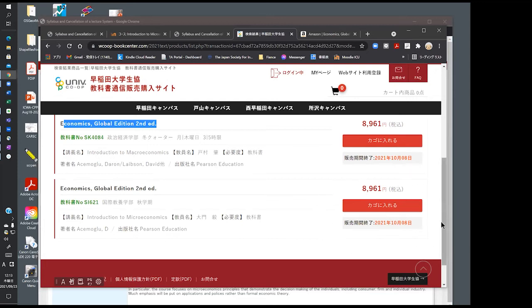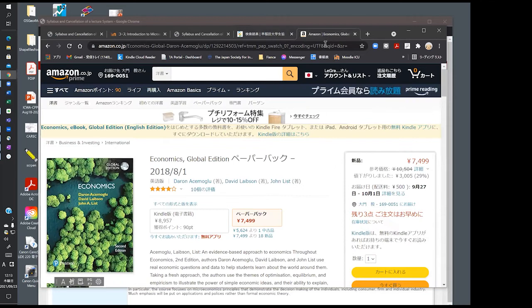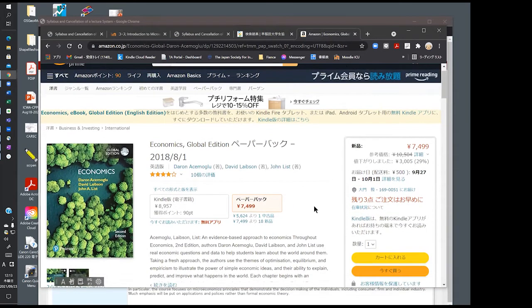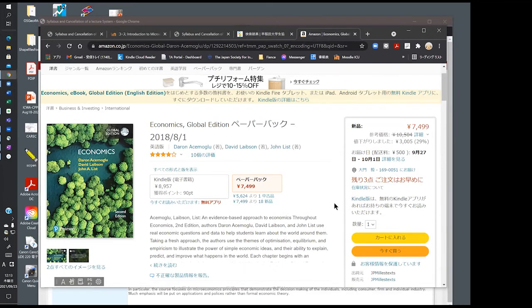So if you see this textbook missing, you can click on the first one if you want to purchase from the co-op, so you don't have to wait 3 weeks. Or you can get the paperback version, which is 1,000 yen cheaper, with the remaining 3 items for now.